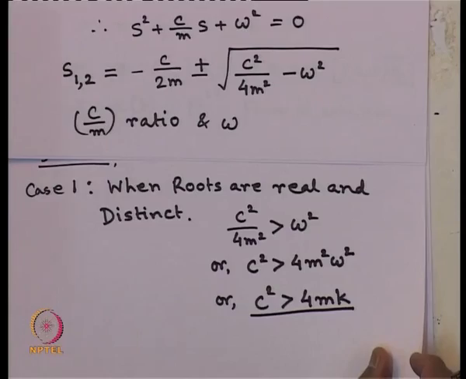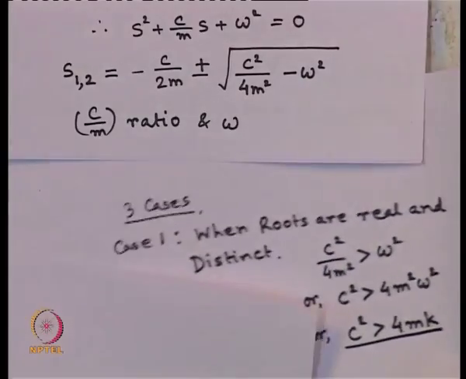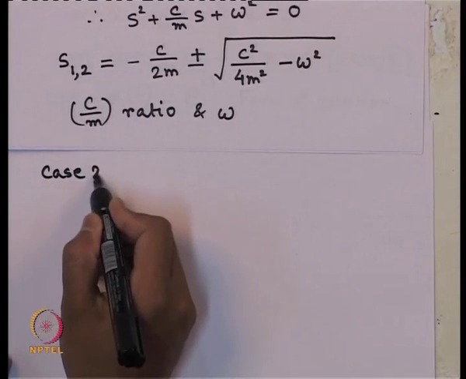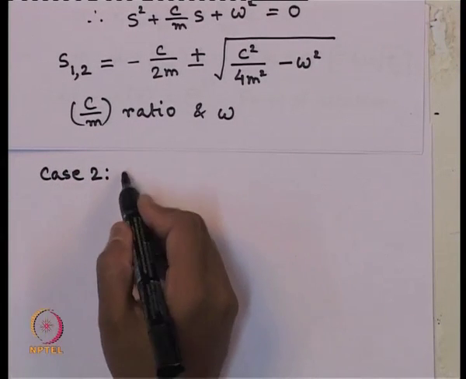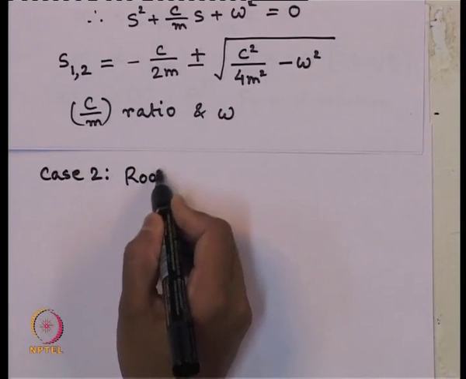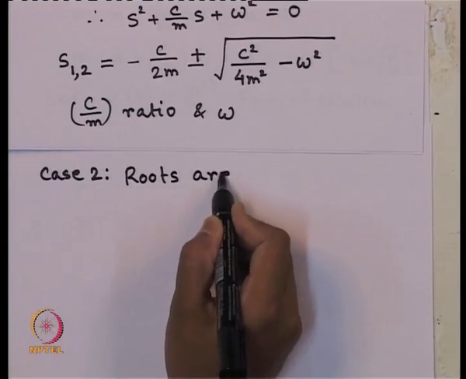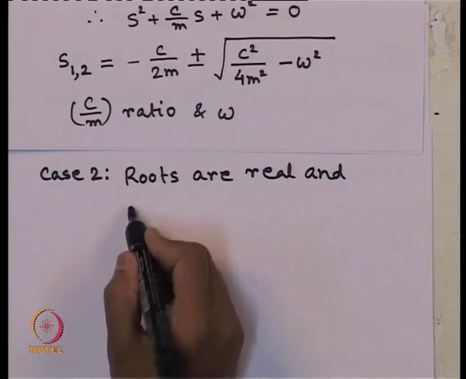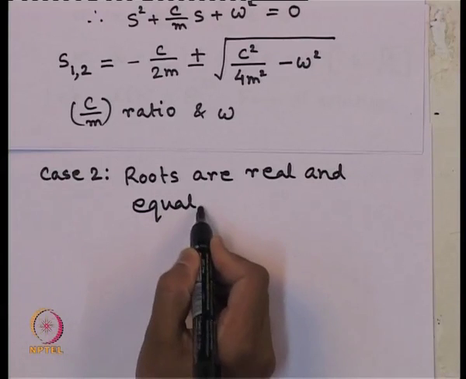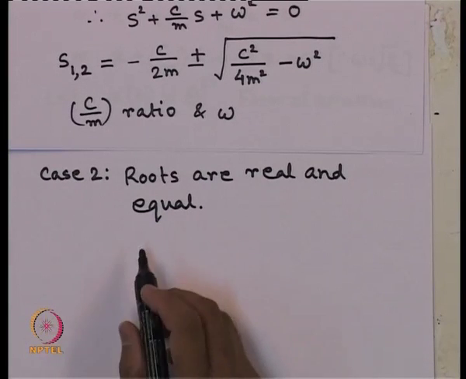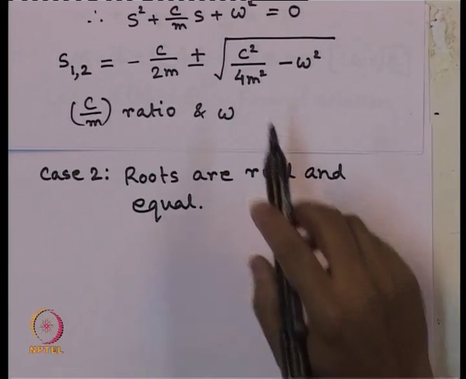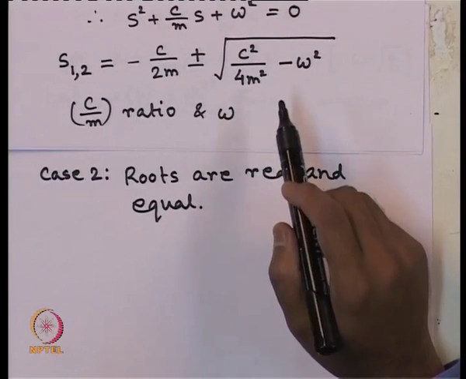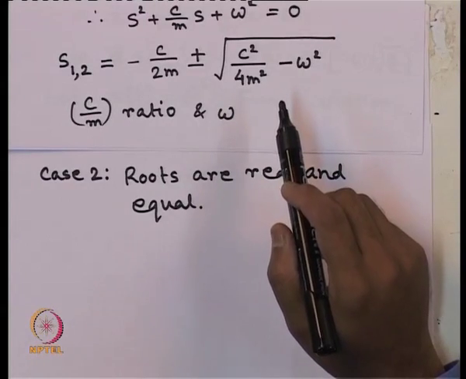Let us see what is the second case which can arise. So, case 2 can be: roots are real and they are equal. When will this condition arise? When this under root term is 0. In that case, what are the roots?